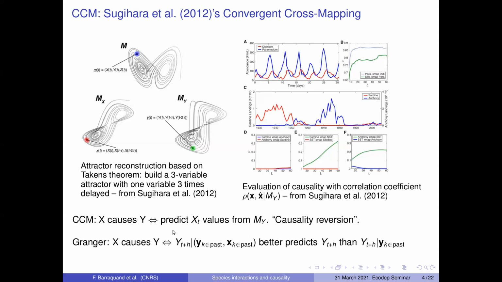But there's something which is a bit puzzling. It's what they call causality reversion. So with convergent cross mapping, if X causes Y, it means you can predict the cause X from this reconstructed attractor with variable Y. And this seems to oppose the classical notion of Granger causality, because in Granger causality, if X causes Y, it means that by using X values to predict Y, you do better than only using Y values.